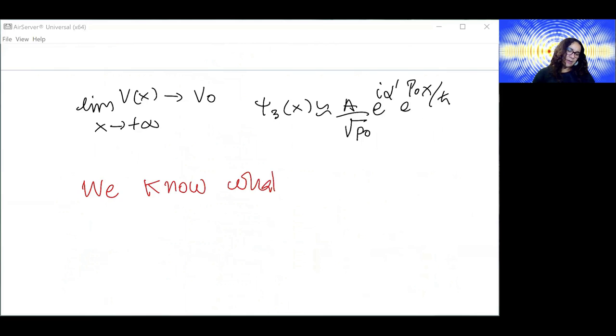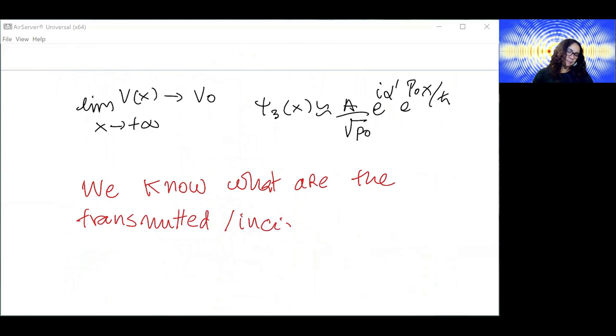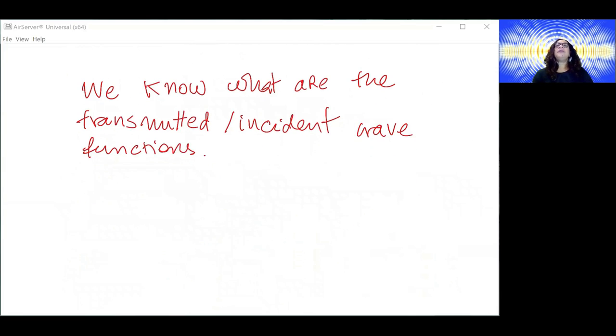So we know what are the transmitted and the incident wave functions. Okay, so we know that.